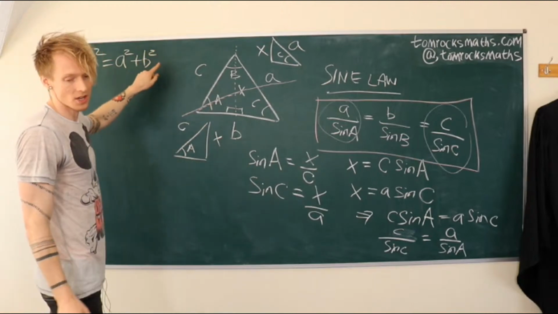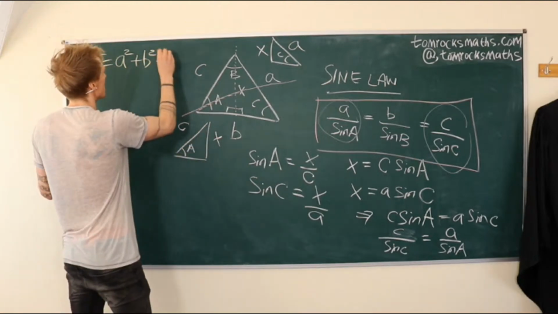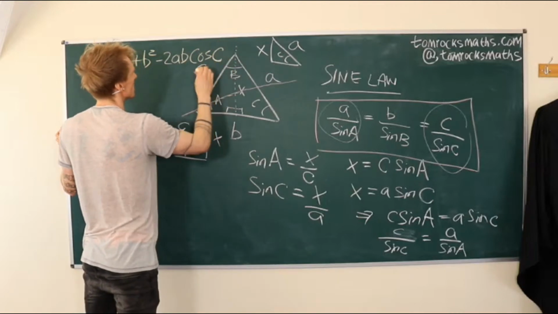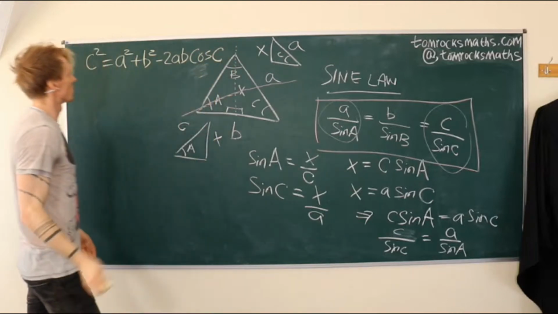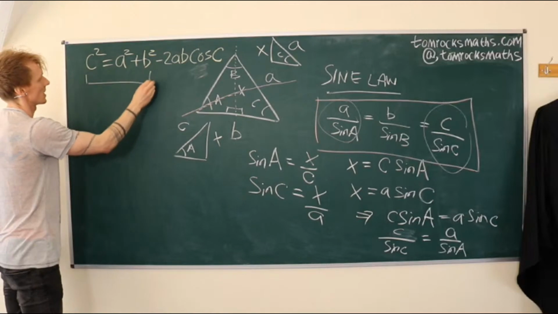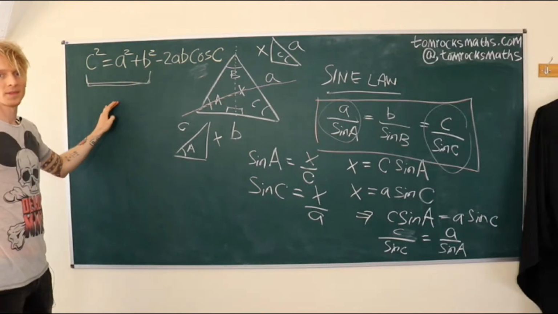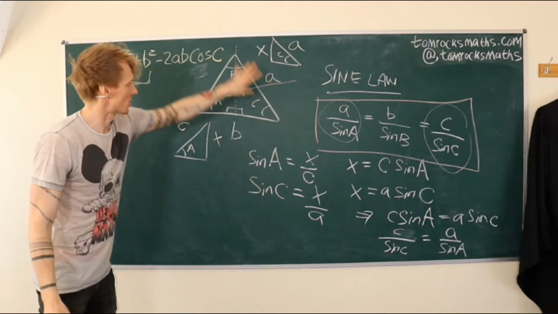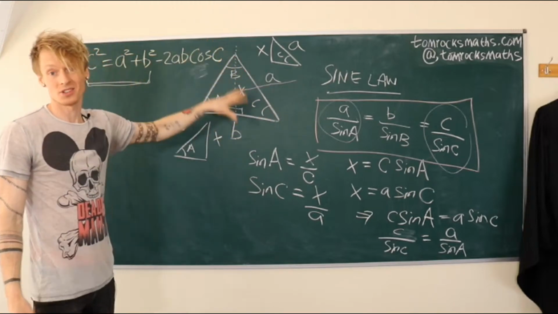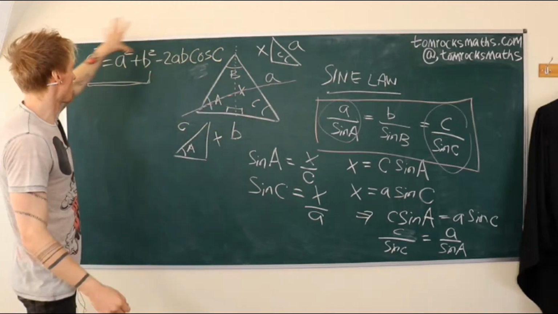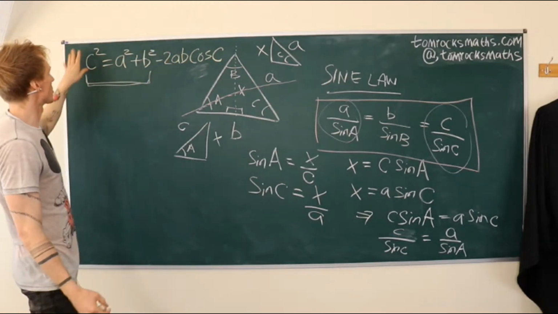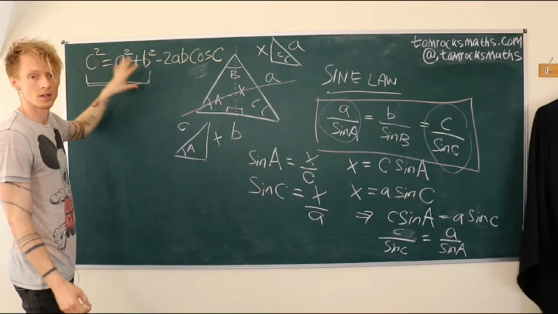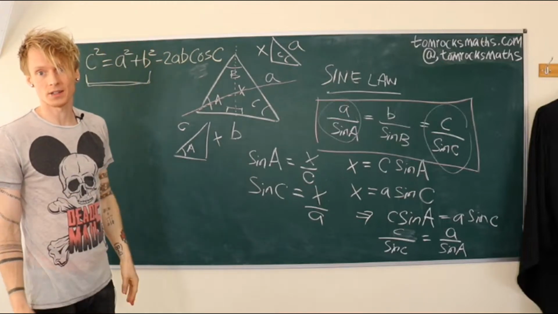So we have an extra term here, which is minus 2ab cos of C. So the first part is like Pythagoras' theorem, but remember, we don't expect Pythagoras to work because the triangle ABC is not a right angled triangle. So the cosine law just tells you how to work out your side length C, let's say, in terms of the others, if it's not a right angled triangle.